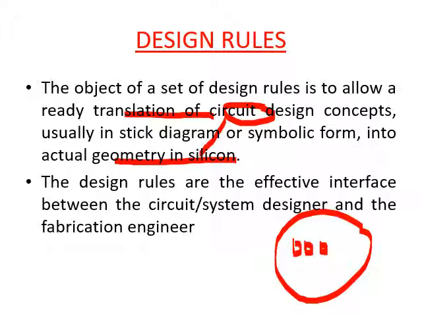If I am manufacturing all AND gates on this silicon wafer, then on every chip I have to draw how the AND gate looks. That is the actual geometry. The circuit design is converted into geometry by following some set of design rules, and stick diagrams and layouts are the medium by which we transfer the circuit into the actual geometry.